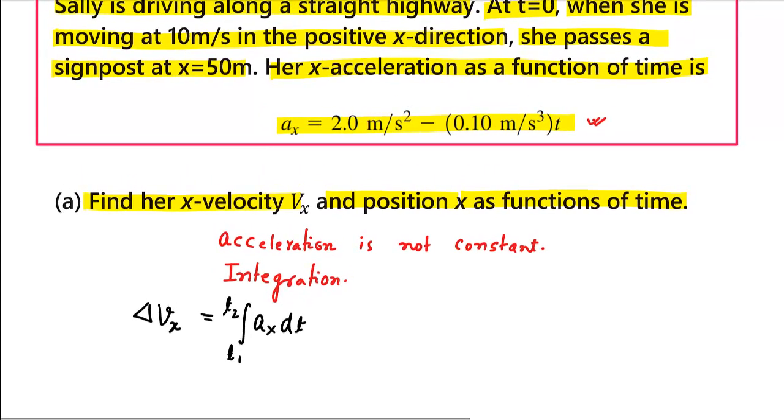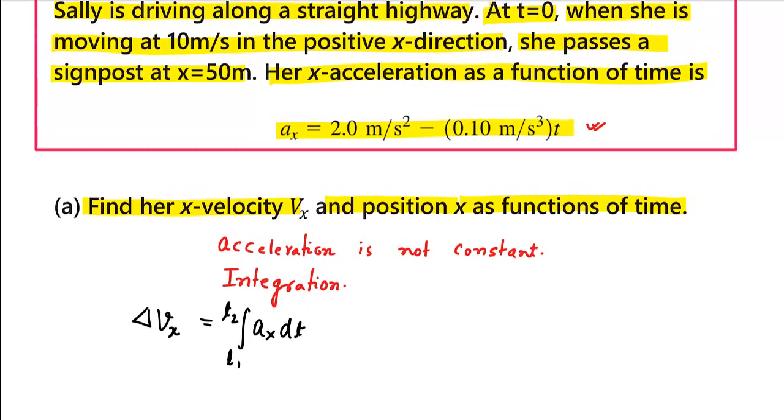She passes a signpost at x equals 50, so the initial position is x1 equals 50 meter at t1, and t1 is 0 second, we start time from 0.